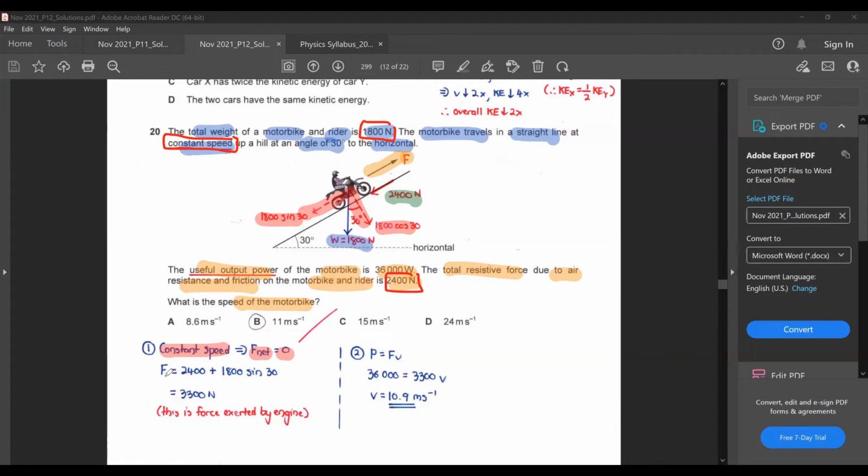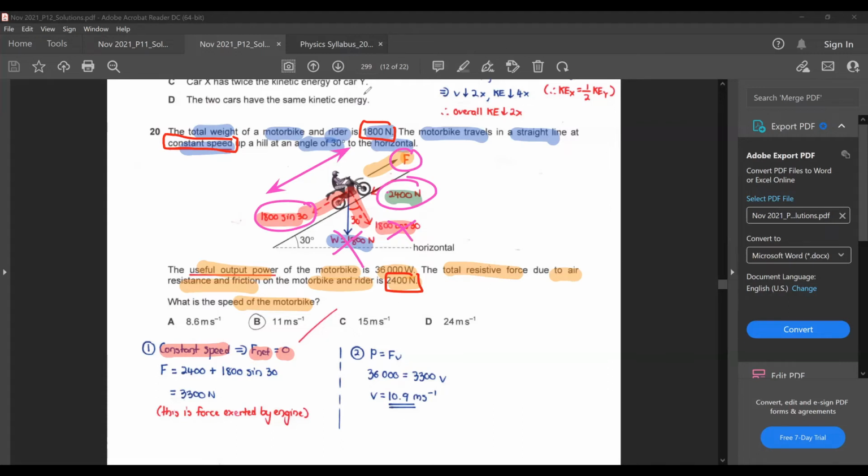So whatever force is diagonally up the slope is also the force diagonally down the slope. So if you just look at the diagonal directions, the only forces that you need to consider are F, 1,800 sin 30 and 2,400. You don't need to consider 1,800 cos 30 because they're not in the diagonal direction. You're only concerned with the diagonal direction now.